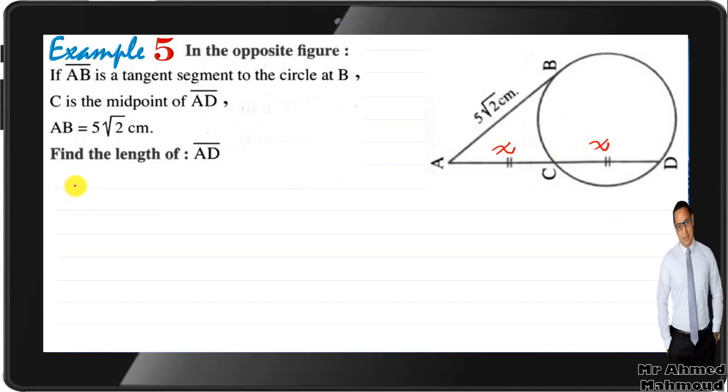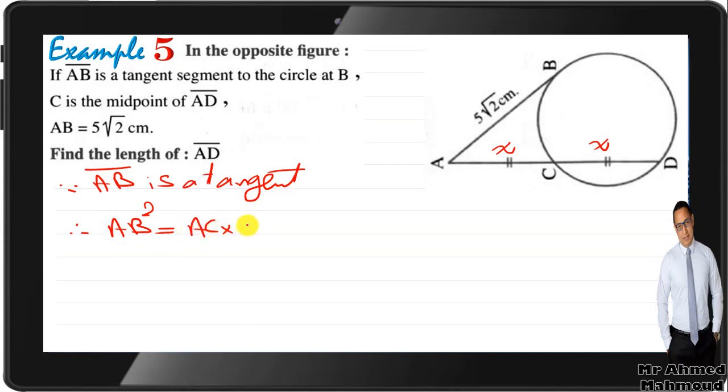Okay, since AB is a tangent, therefore AB squared equals AC times AD.